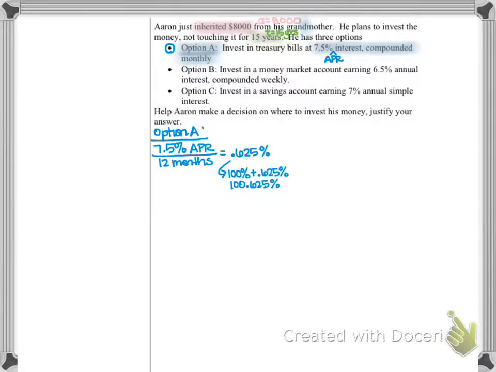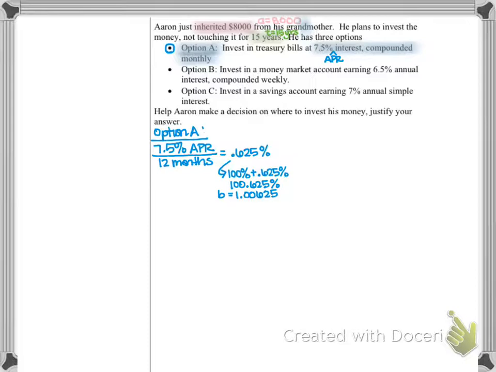All right, now let's go ahead and move the decimal backwards. So this is going to be 1.00625. Okay, so now this is my monthly rate. It's still bigger than 1, which tells me the money is growing, so that's good. All right, so this is going to be the B that goes into my equation.